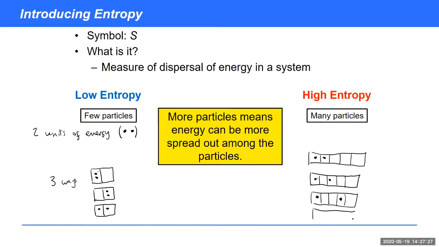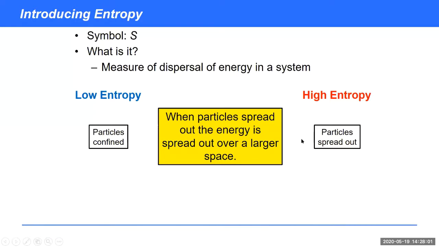Or the first and the fifth. Or I can give 2 to the first, 2 to the second, 2 to the third, 2 to the fourth, 2 to the fifth, and so on and so forth. So I've got here more ways to spread that energy around. More ways to spread energy, more dispersal of energy, more entropy. So the more particles you have, the more entropy that you've got.